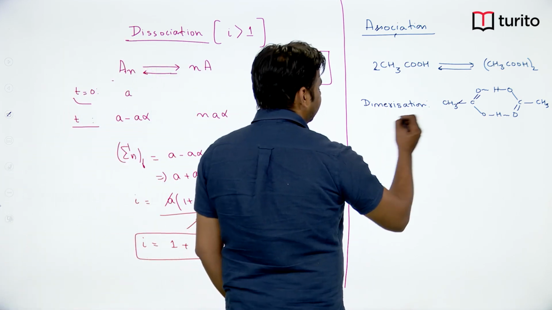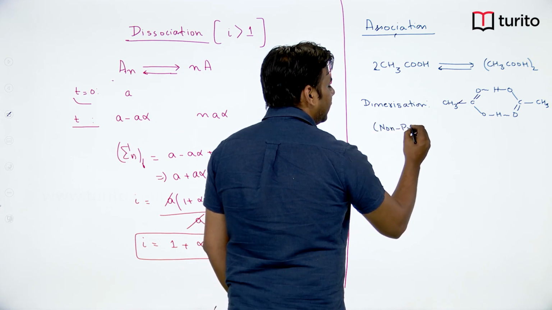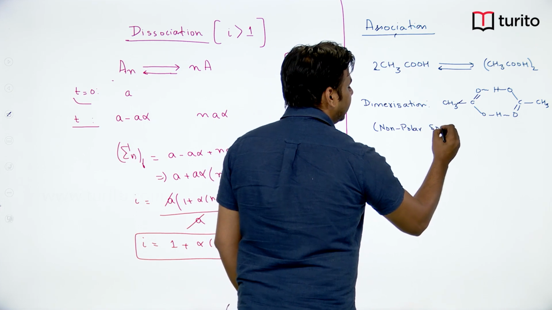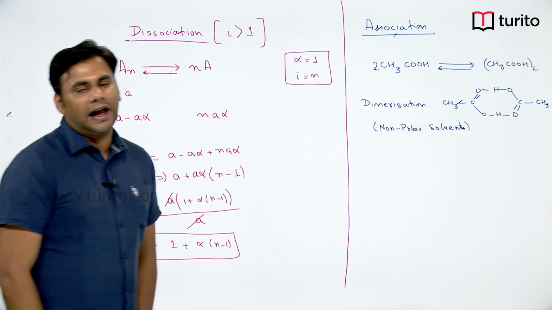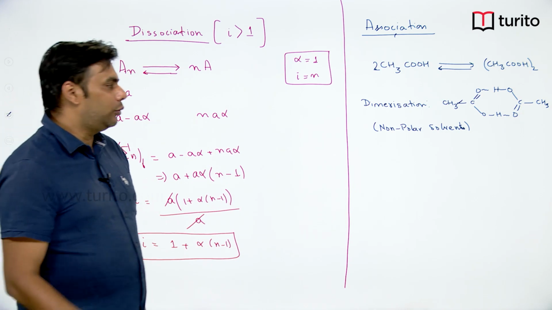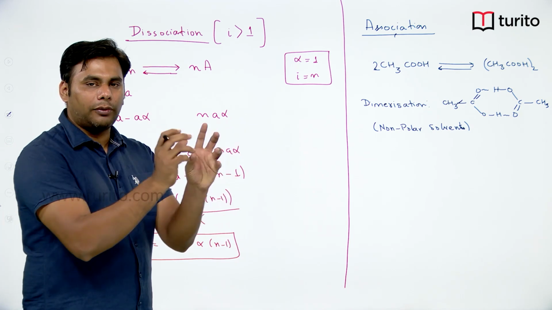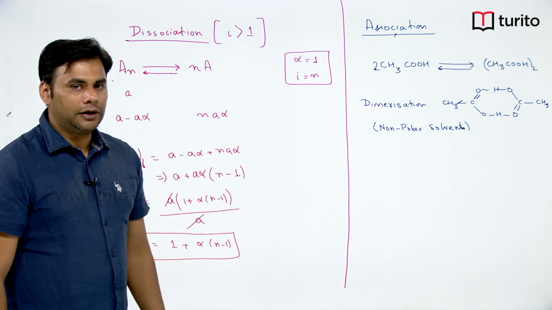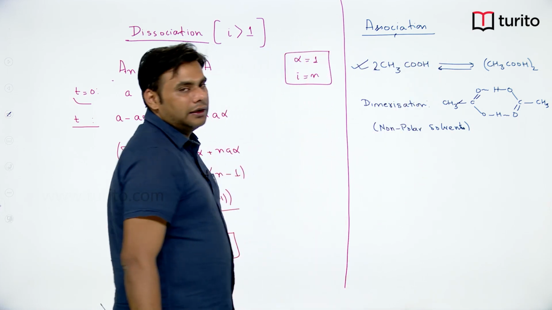Now this dimerization takes place only in non-polar solvents, because in polar solvent it will behave as an acid. In non-polar solvent it will not behave as an acid, so the 2 molecules will come together, form a hydrogen bond and form a dimer. So if it is forming a dimer, this would be the reaction.